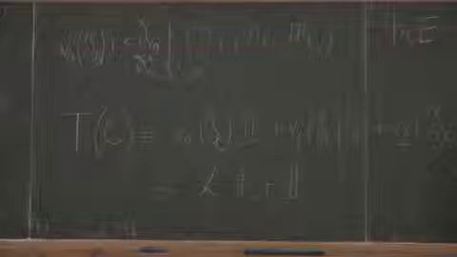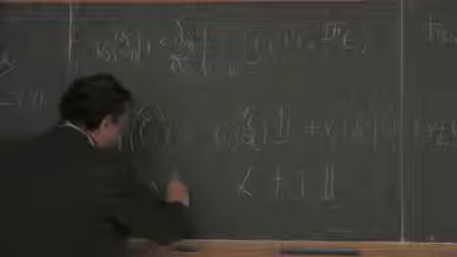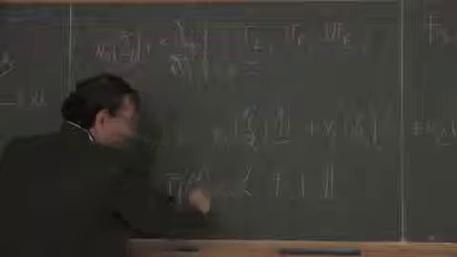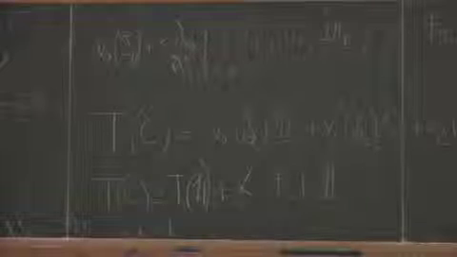Okay, I mean, this is an expression, then I want to write this C, and this is nearly equal to T of 1 plus something, where E is C minus identity, okay? This is, in our reasoning, 0.